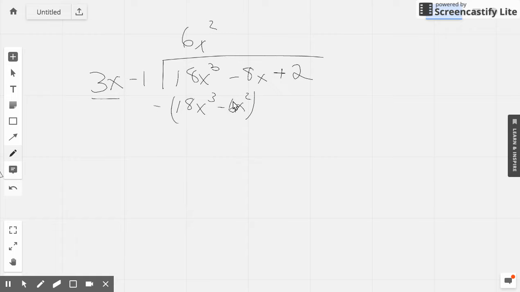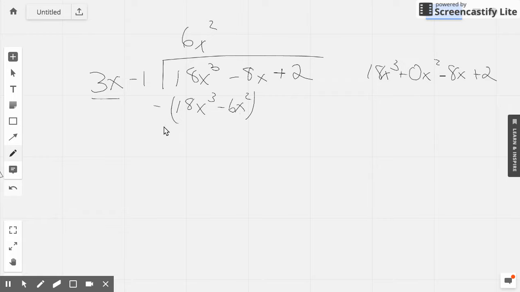Now, notice these two terms are not like, so I can't subtract them from each other. So I have to consider that there's a 0 term in here. I have to imagine this is actually more like 18x cubed plus 0x squared minus 8x plus 2. Adding in this plus 0x squared allows me to have something to take this away from.